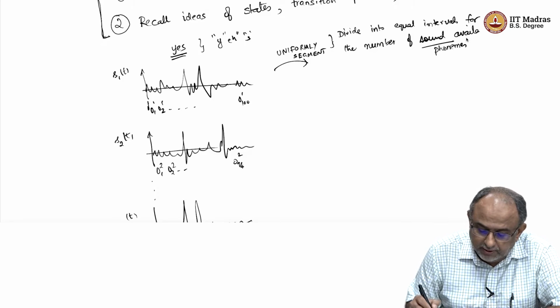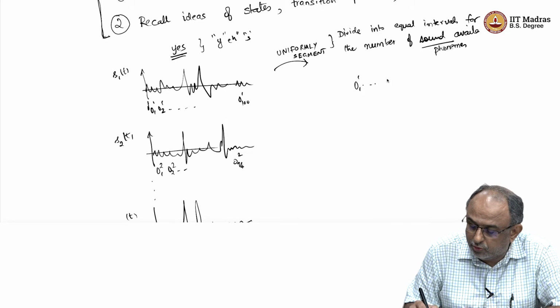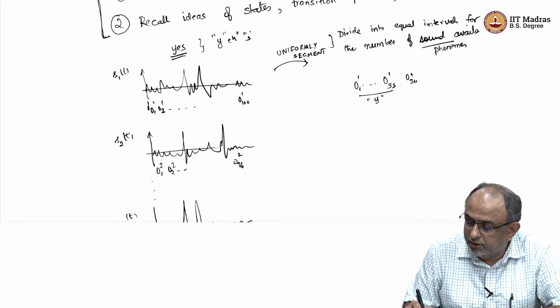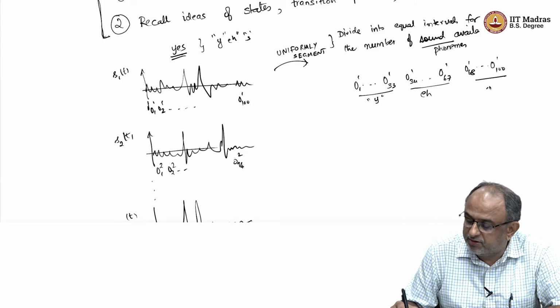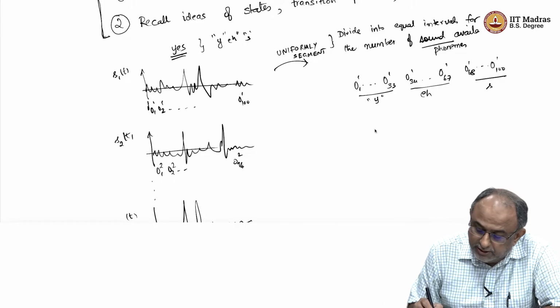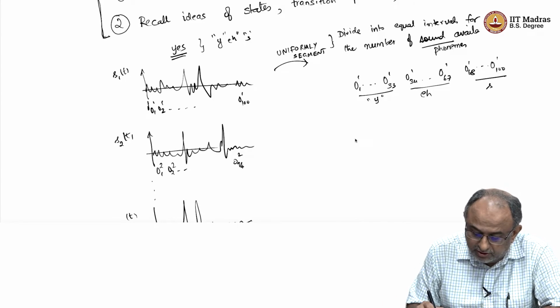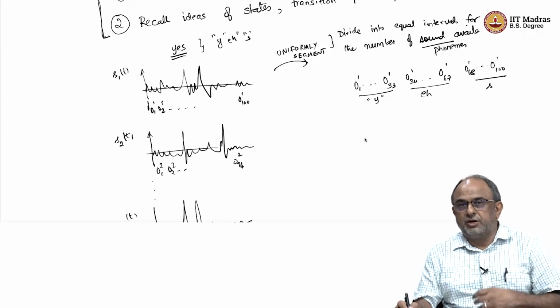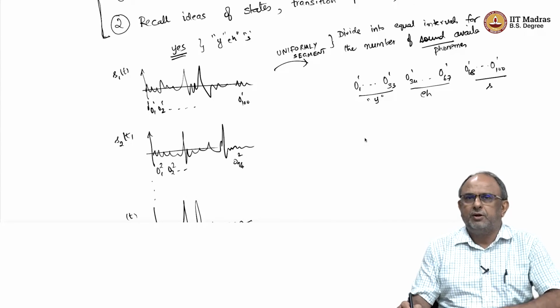So, O1 to O33 for the first one will be the first sound, O34 to O67 will be A, and O68 to O100 will be S. Okay, for the first guy. Similarly, for the second guy, here it is 94, so it will be about 31 each, which is probably the correct one.